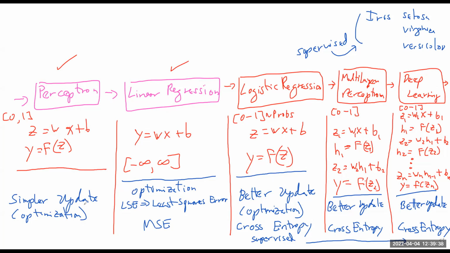So the next thing we need to think about, well, we don't really need to talk about the optimization for perceptron, but we do need to talk a little bit more about least squares, and in particular cross-entropy. So we have to develop an intuition for these, okay? Just remember that this was a simpler update, whereas these optimizations are better updates. They become more sophisticated.